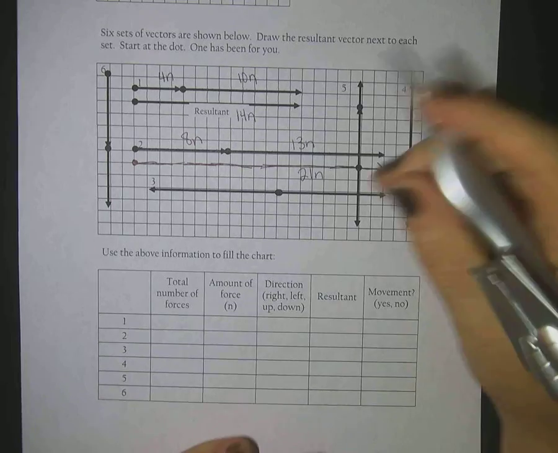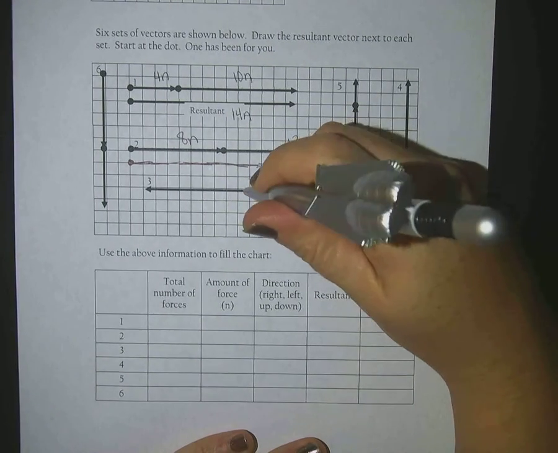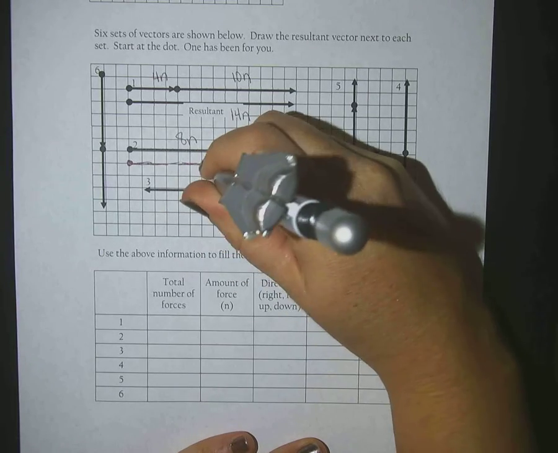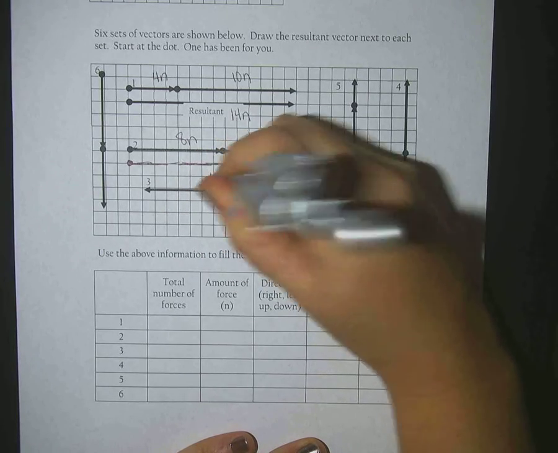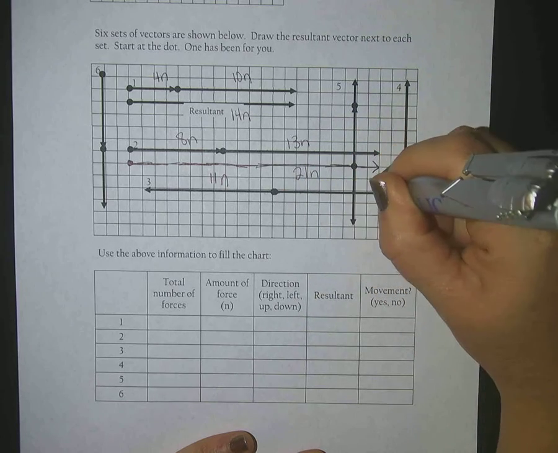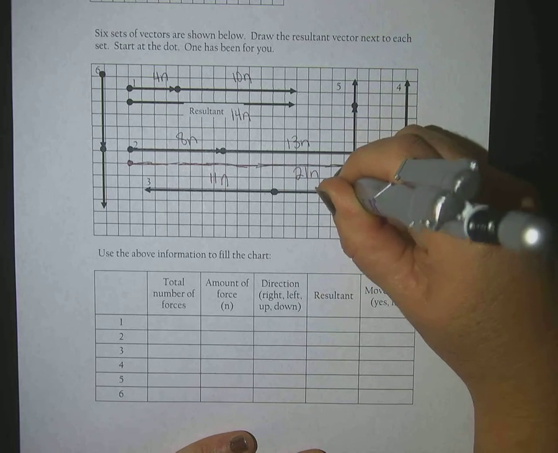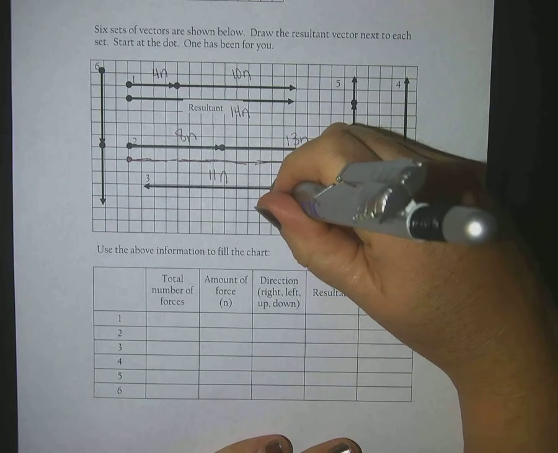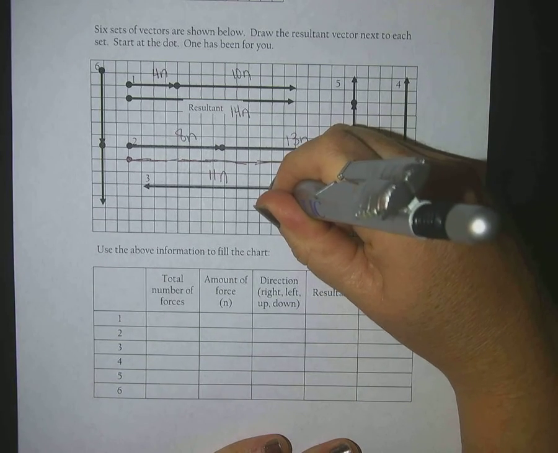Okay, look at number 3. We have 11 newtons to the left. 9 newtons to the right. So if you have 11 newtons pulling to the left and 9 newtons pulling to the right, what's the result going to be? Which way? Left.